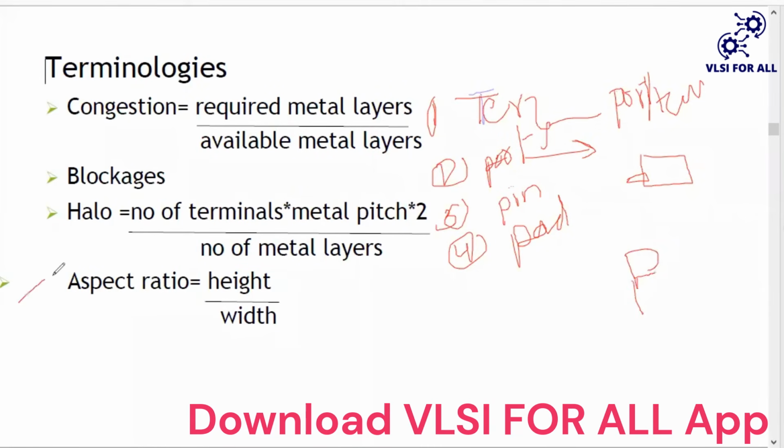Next one is the aspect ratio. Aspect ratio is nothing but height by width. How much is your core height? Core height divided by width. The tool will also define the aspect ratio.